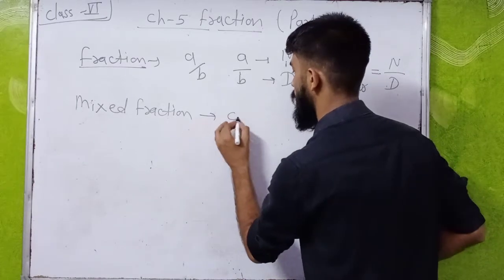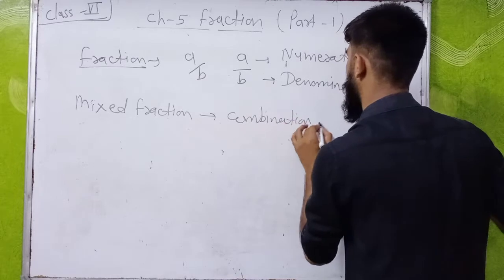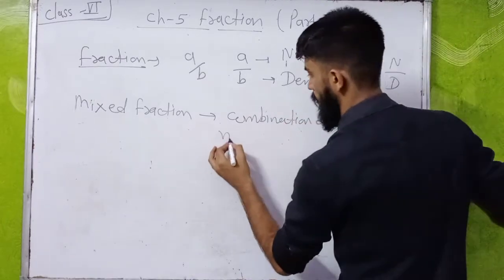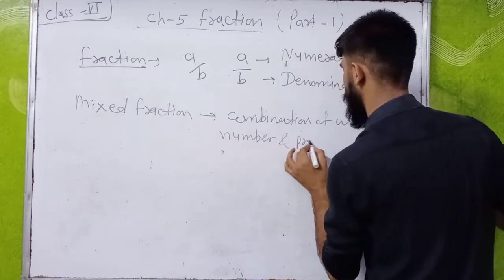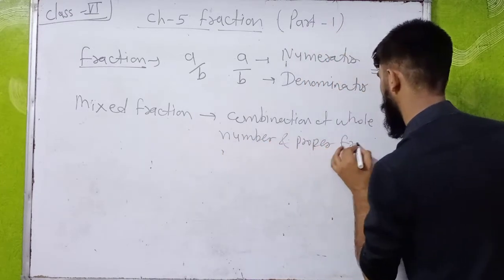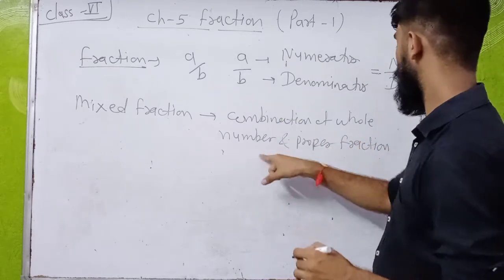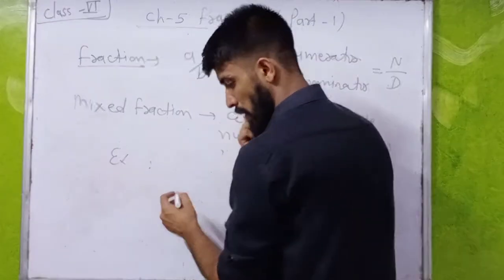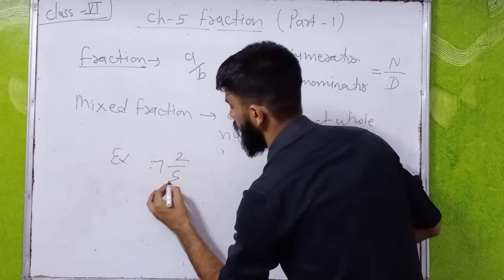A combination of whole numbers and a proper fraction. For example, 7 and 2 divided by 5.